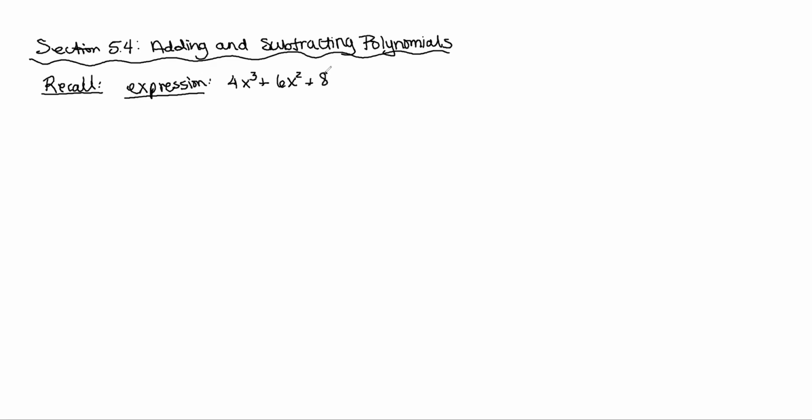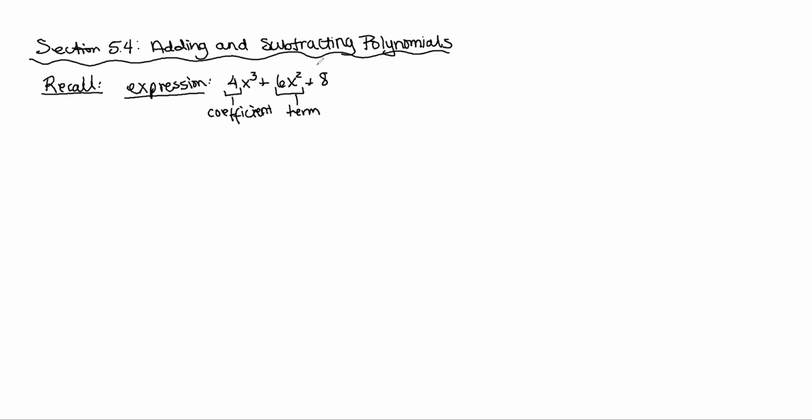plus 8. So with this expression here, this 4 in the front here is called a coefficient. Remember, that's just the number in front of a term. For this constant, 8 is the coefficient. And then the 6x squared is an example of a term. So remember, terms are separated by addition and subtraction.